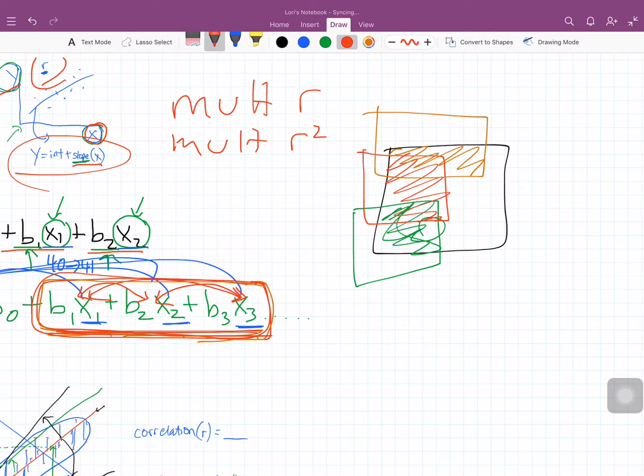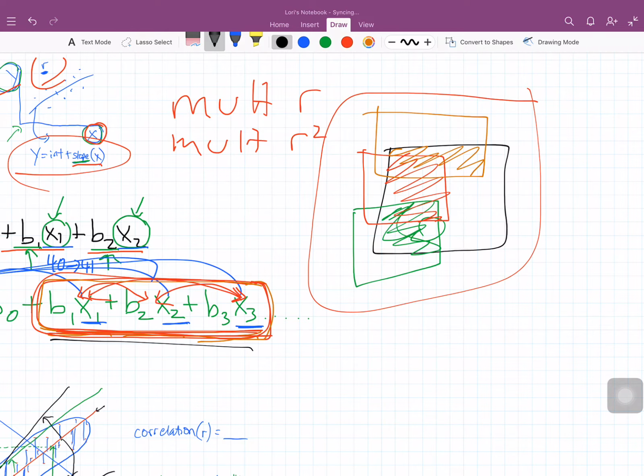Now, one of the things that you probably can tell intuitively, but I'll also bring it to your attention, is that if we're trying to figure out what variables we want to include in this model, we want to choose the variables that contribute the most, and also the variables that don't overlap 100% with some other variable that's already in the model.